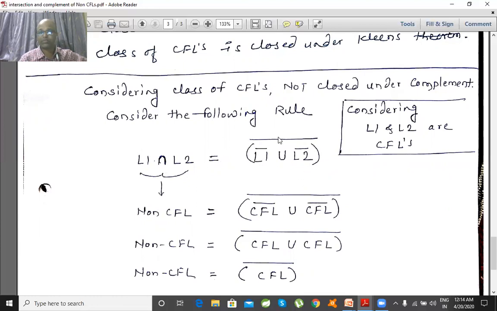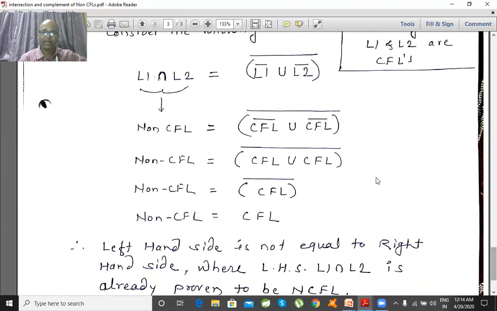This is De Morgan's formula, basically. Now my assumption is L1 and L2 are context free languages, where the left hand side is already proven: L1 intersecting L2 is a non-context free language.